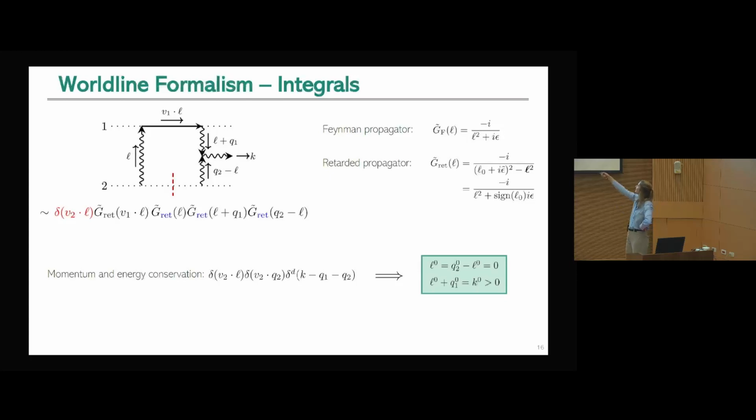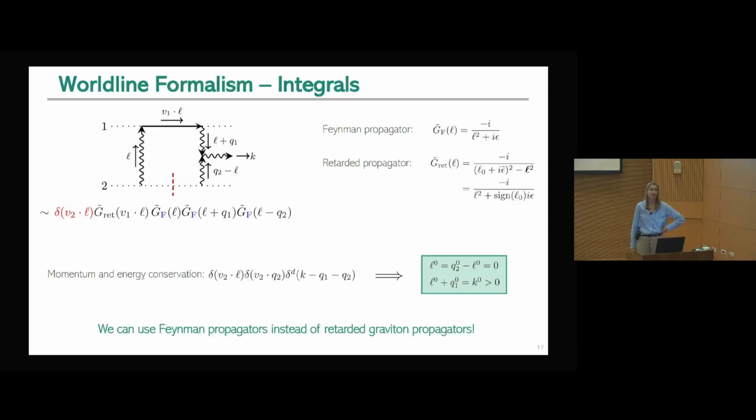Furthermore, the energy component of this line is equal to that of the outgoing graviton, so it's positive, and the i epsilon line is that of a Feynman propagator. Thus, we can just replace all these retarded propagators by Feynman propagators and recycle the integrals that are, by the way, already known, that have been used for extracting this waveform in the field theory.